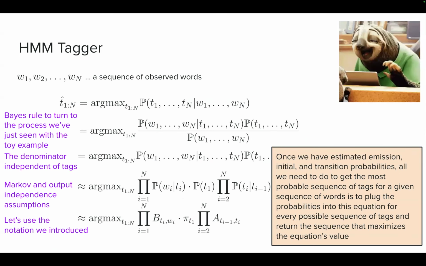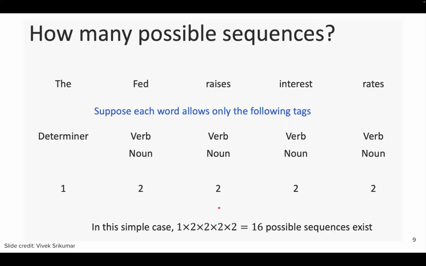However, remember how last time we talked that this can be really slow? This is that toy example I gave you where you have only 5 words and a tag set that consists of only 2 possible tags, where in reality we may have more than 30 of them.